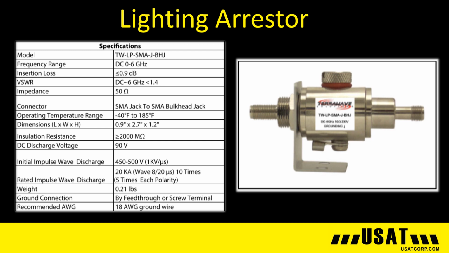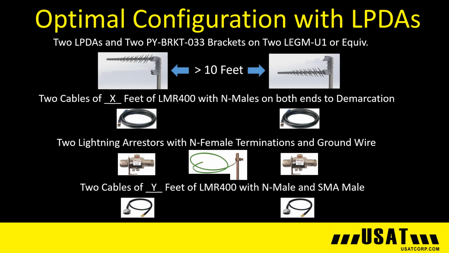This slide shows optimal configuration using LPDAs on the edge of coverage in a rural setting, and you can see where the lightning arresters fit in. With MIMO optimization, you space the antennas at least 10 feet apart, and optionally you can match the plus 45 and minus 45 degree polarization with a special bracket.